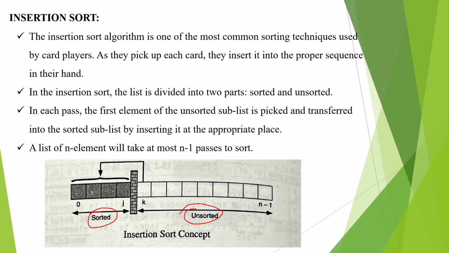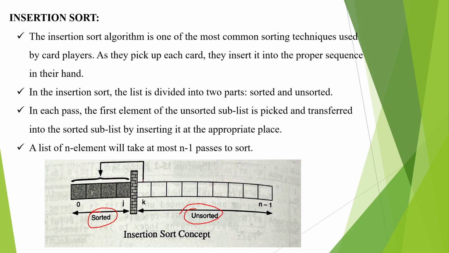Here we are not moving the imaginary wall, it will be moved automatically. When you pick one item from here and push that item over here, what will happen? The wall will be pushed automatically towards the unsorted list.